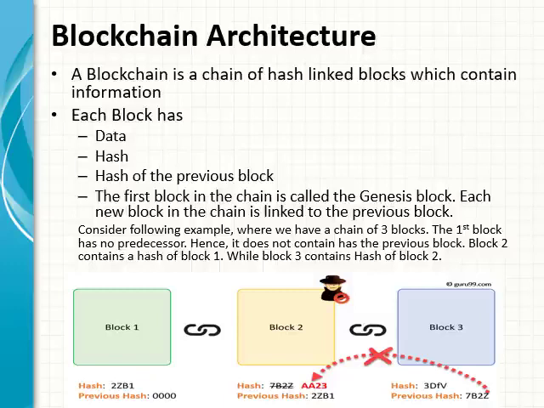In the figure you can see there are three blocks: block 1, block 2 and block 3. The first block in the blockchain is called the genesis block, and the next block, block 2, is linked to the first block through the hash value. So each block contains three values: data, hash and hash of the previous block, and this hash is calculated from the data.